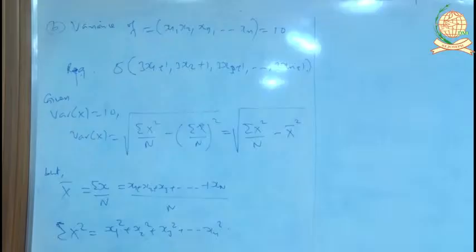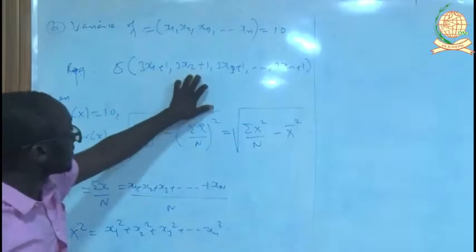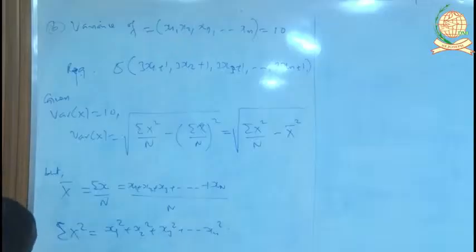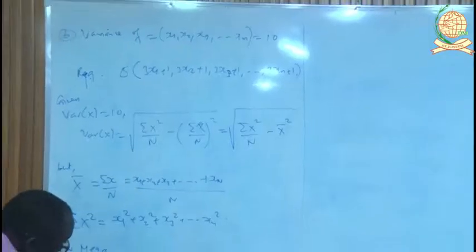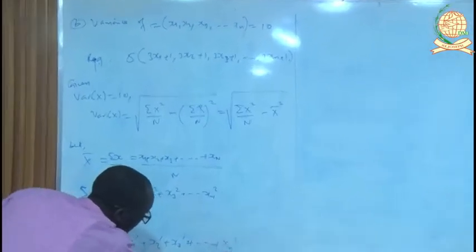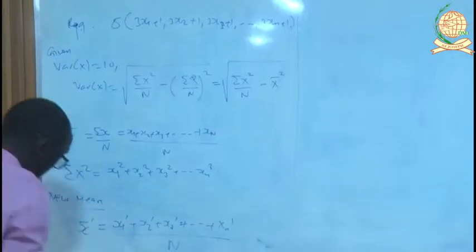Now we have a new mean, because you can see the values are very disarranged. This is the new x, the new x, the new x, the new x. So the new mean, you can call it new x bar, which is going to be new x1, new x2, new x3, up to new xn, out of the number of observations.